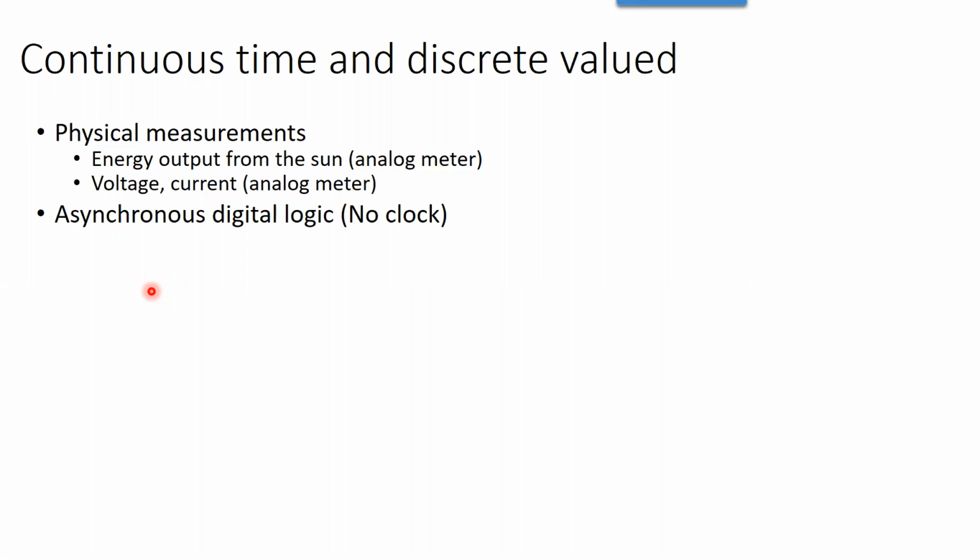Because if I write down an intensity of 1.01, in order to be continuous, I'd have to have an infinite number of zeros behind that. And then I measured it at a particular time, and so it would be discrete in time.